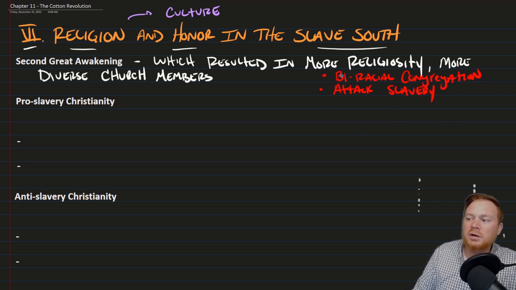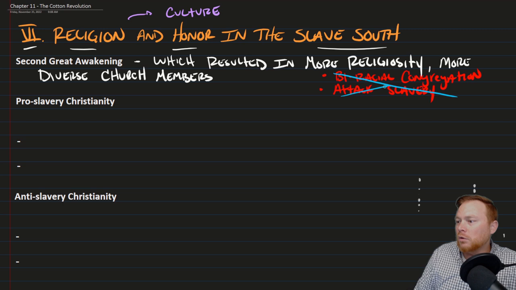However, the era of the biracial congregation, the era of a Christianity that is really frontally attacking slavery, as slavery becomes more important, these things become more and more rare.